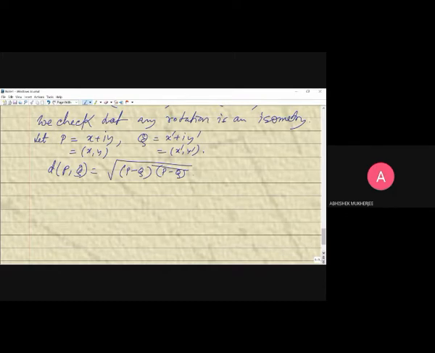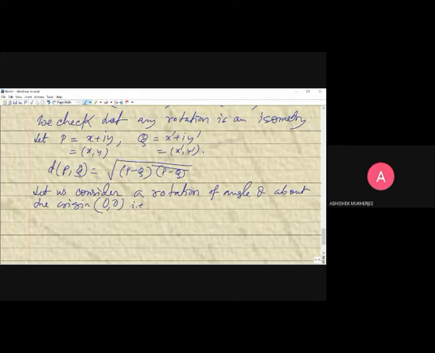Okay, fine. So now, let us consider a rotation of angle theta about the origin (0, 0).